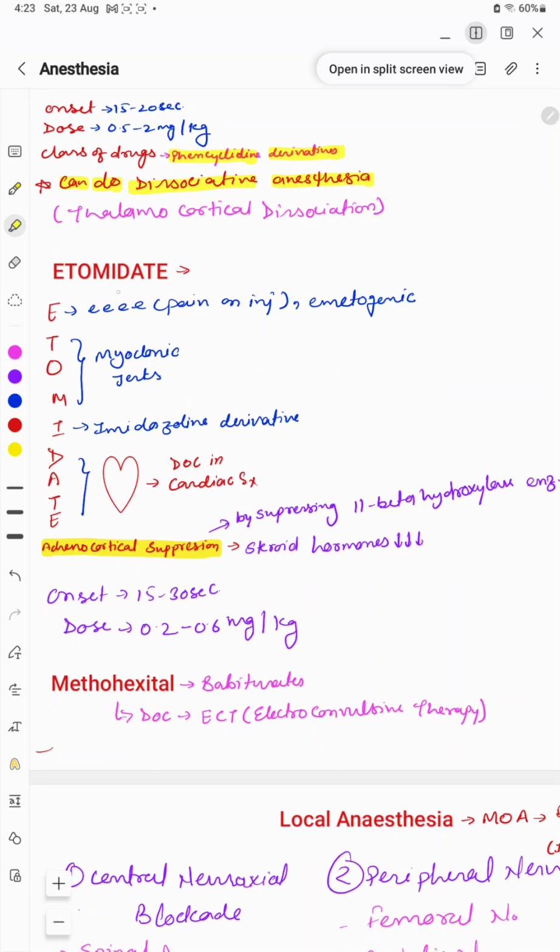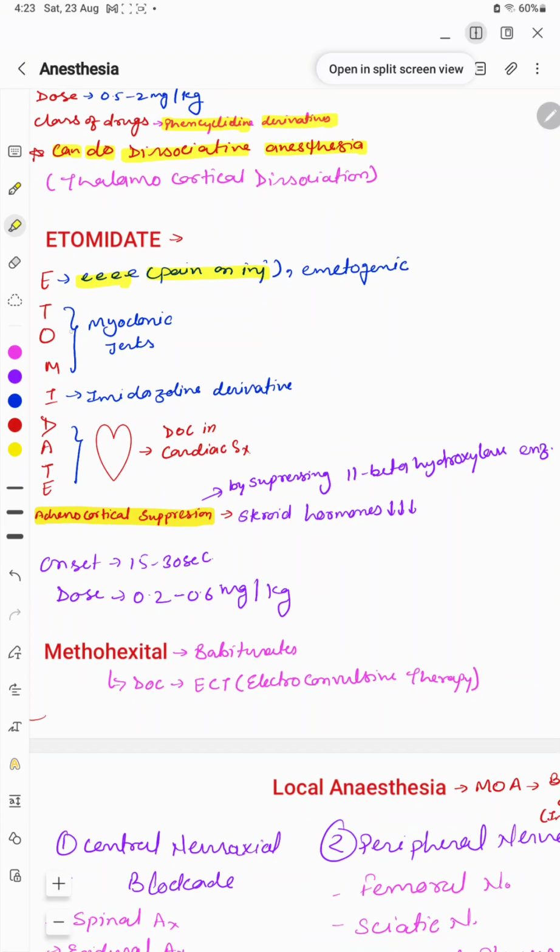Now etomidate. You can remember E like pain on injection. They already asked which anesthetic agent can cause pain on injection. It is also the most emetogenic. You can remember T like a person who has jerks, so myoclonic jerks.